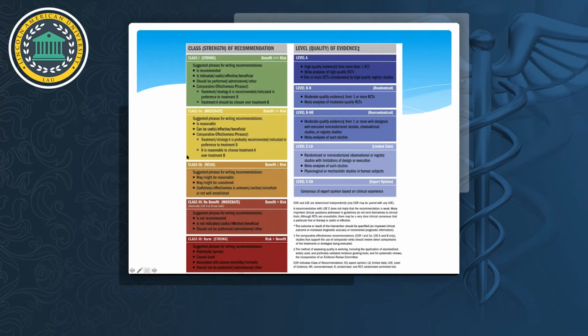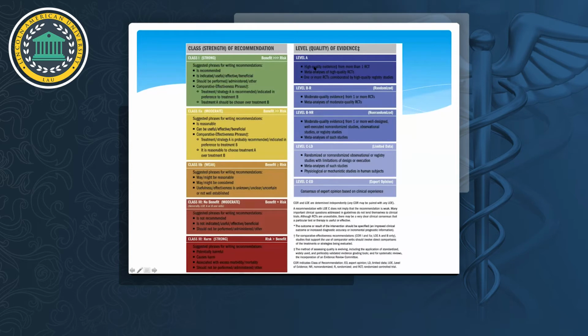And then the third class is class 2B, weak evidence, may be reasonable or might be considered. And then class 3, when it's not recommended and not indicated. And class 3, which again is strong, here the recommendation is that risk is more than benefit, potential harm. So this is the class of recommendation and the level of evidence.